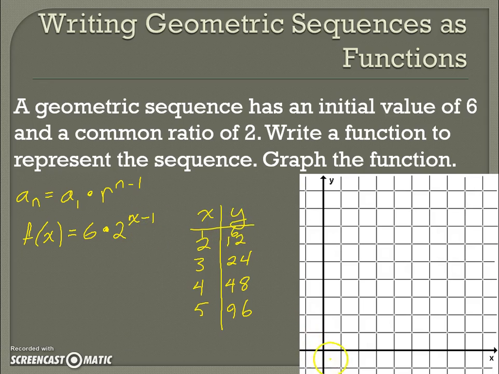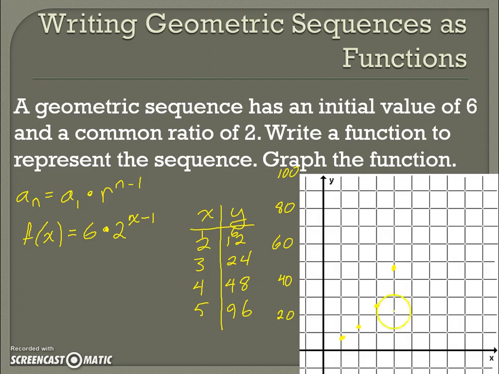So go ahead and plot these. Now notice here, this is not even close to being big enough. Let's make this go up by 10s. So we'll say this is 20, 40, 60, 80, and 100. All right, so 1 is going to be at 6, so it's going to be roughly right here. 2 I had as 12, so that's a little bit above. 3 is 24. 4 was 48, so I'm getting close to 50.